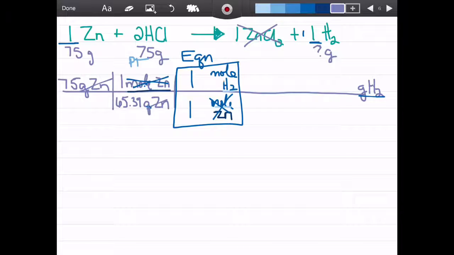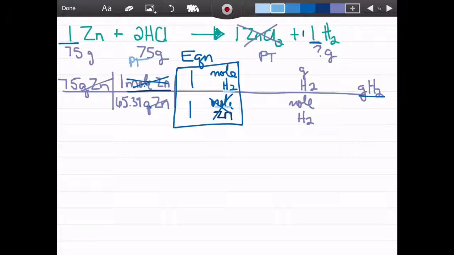I do not want that, so I'm going to put it on the bottom of my fraction so I can cancel it out. And then I'm going to put grams of hydrogen up on top. Right now I'm keeping hydrogen the same, but I'm changing my units from moles to grams, and that is okay. So it's only changing one thing at a time. Again, if I'm looking for the mass or grams of something, I need to get that from the periodic table.